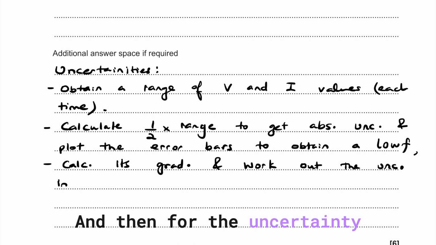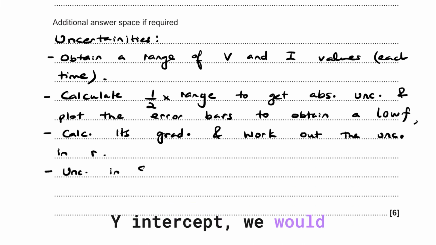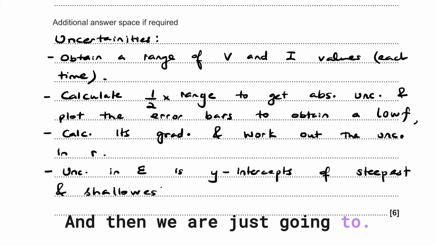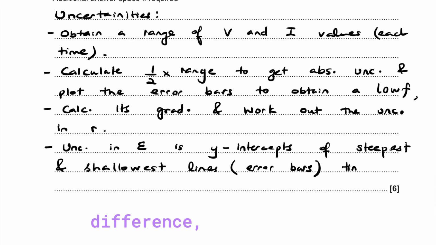And then for the uncertainty in the EMF, which is the y-intercept, we would look at the steepest and the shallowest lines, and then take the difference of the y-intercepts of those two and halve it.